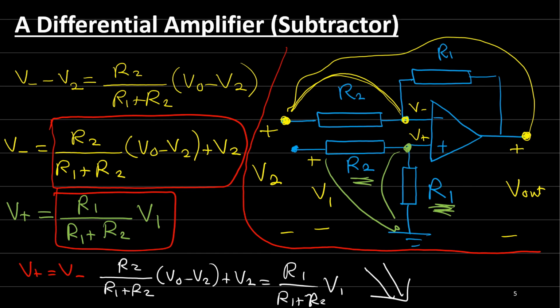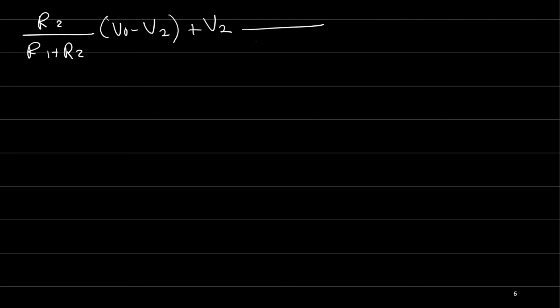Let's continue to the next page. So here, R2 over R1 plus R2 times V out minus V2, plus V2, we can multiply by R1 plus R2 here and R1 plus R2 here. This means 1, but we need to unite these denominators.